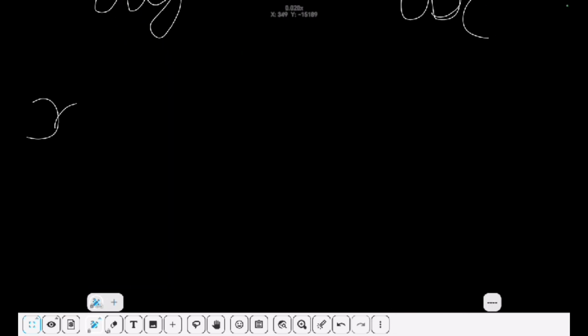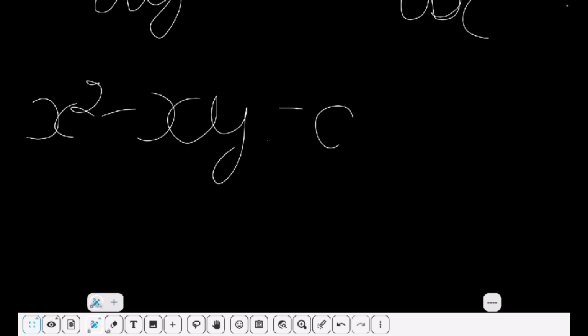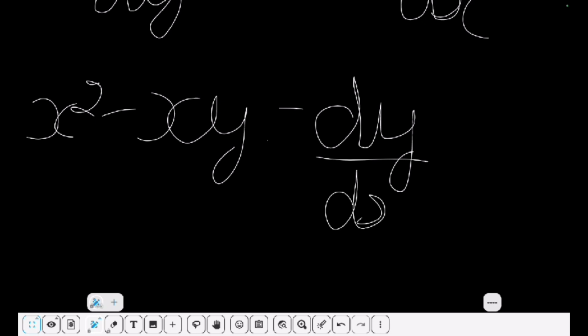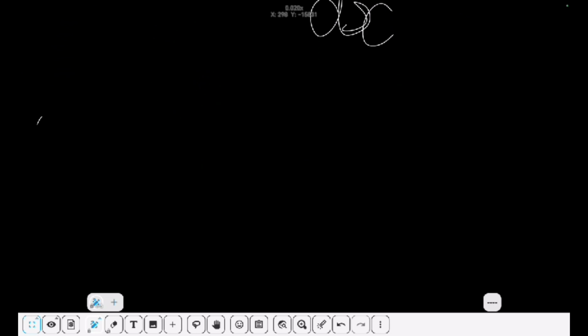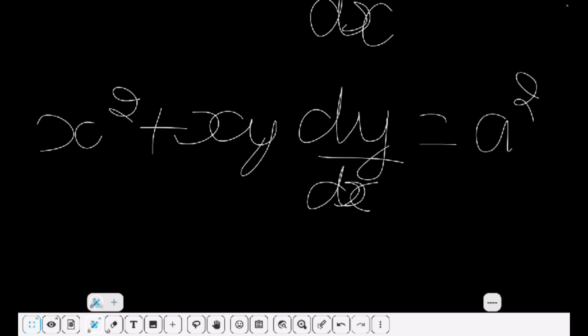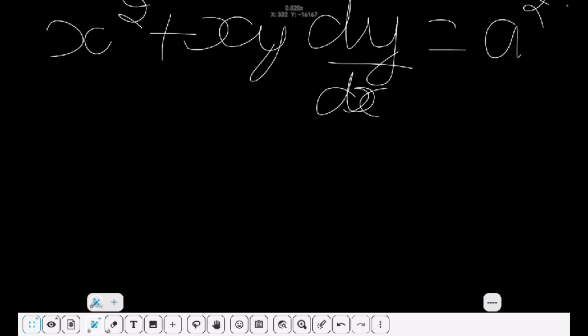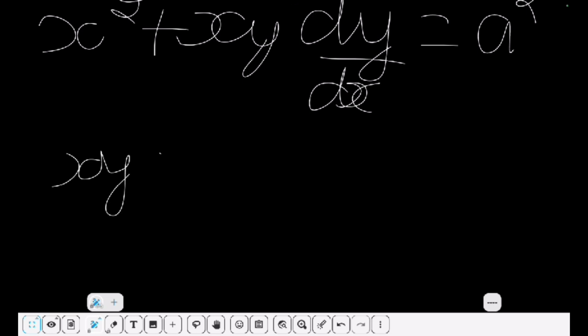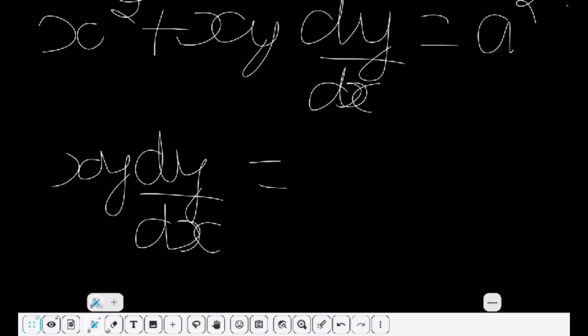Now that becomes x square minus xy into minus dy by dx that equals a square. Minus into minus will be plus, so plus xy dy by dx that equals a square. xy dy by dx equals, x square I send to the right hand side, so that becomes minus x square.